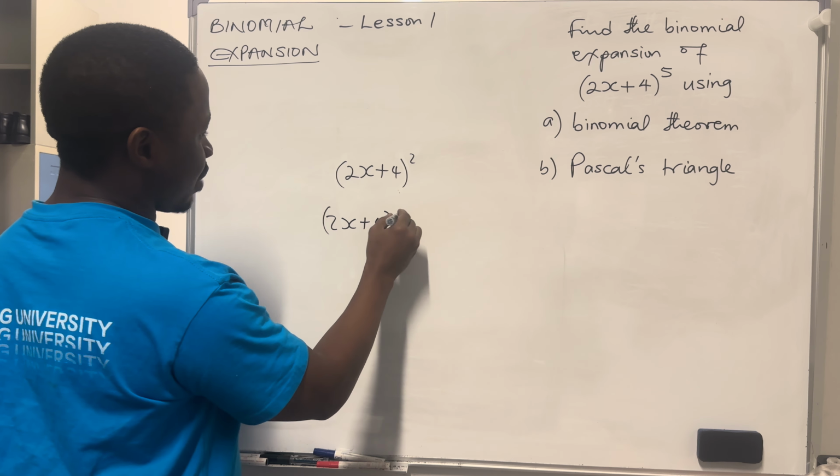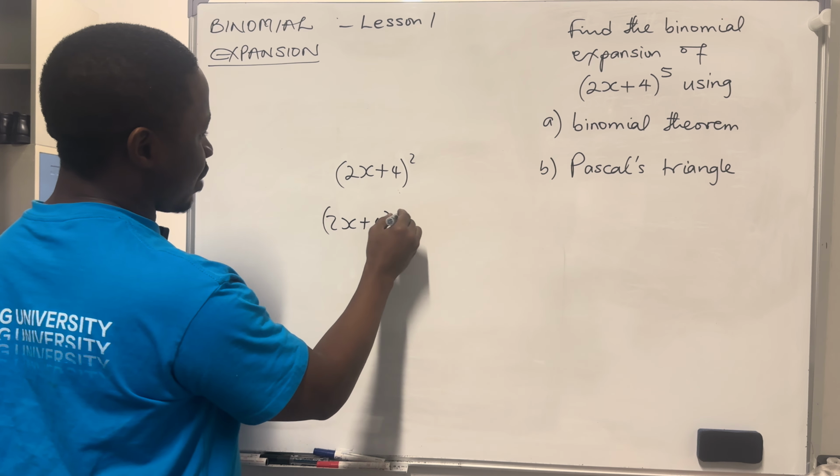So we say 2x, the power given is 5. How many terms did I say we are going to have? We are going to have 6 terms: a term here, a term here, a term here, a term here. 1, 2, 3, 4, 5, 6.